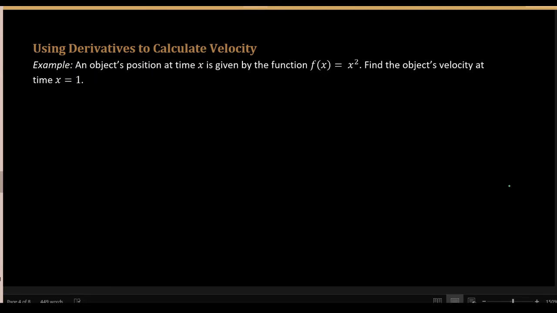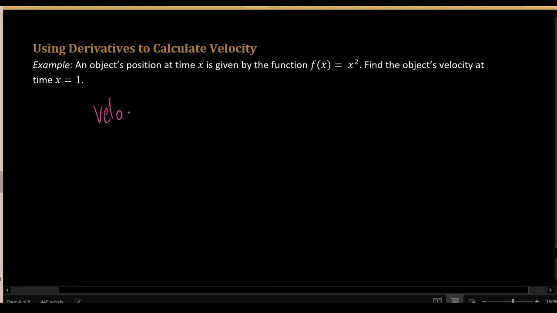So suppose that we have a function f of x equals x squared representing an object's position at time x. Suppose we wanted to figure out the object's velocity at time x equals 1. What we can do is say the velocity is the instantaneous rate of change of position.